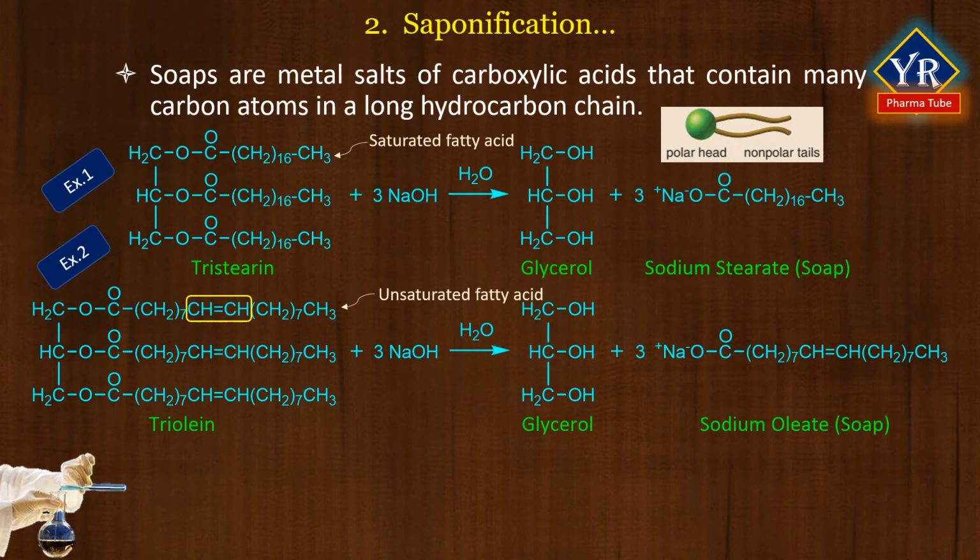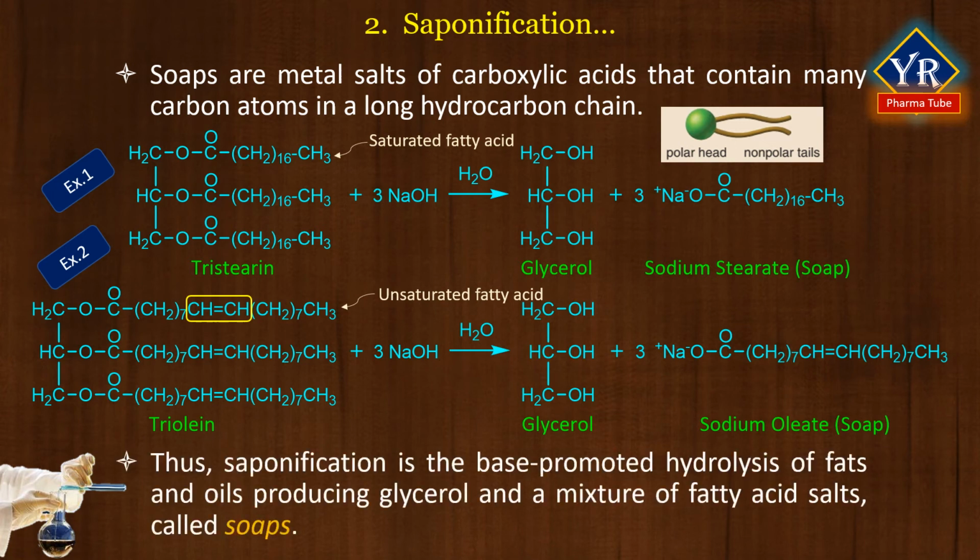The nonpolar tail, that is the long chain fatty acid, dissolves grease and oil, and the polar head makes it soluble in water. Most triacylglycerols have 2 or 3 different R groups, which are hydrocarbon chains, so soaps are usually mixtures of 2 or 3 different carboxylate salts.